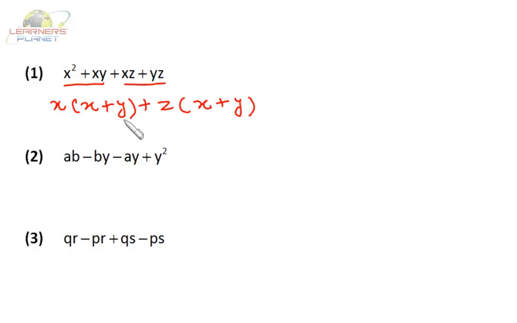Now, this expression has been converted to the pattern which we discussed in the last session, that one binomial is common between two terms. Now x plus y is a binomial which is there in this term and in this term. Now x plus y can be taken as common, or you can say it will be the HCF of both of these terms.